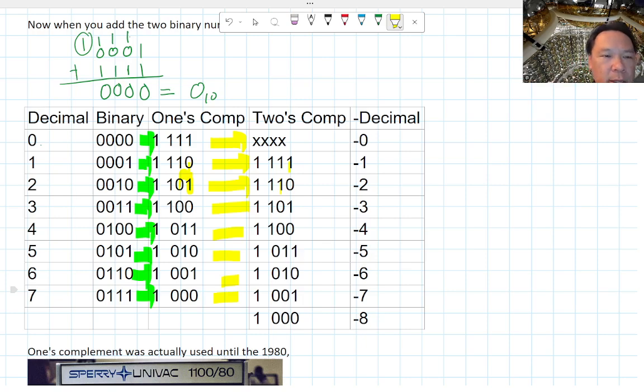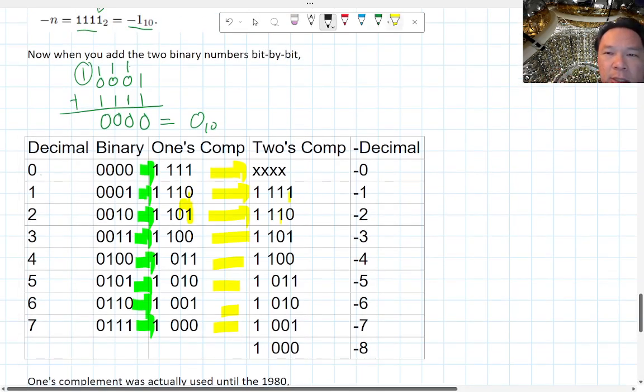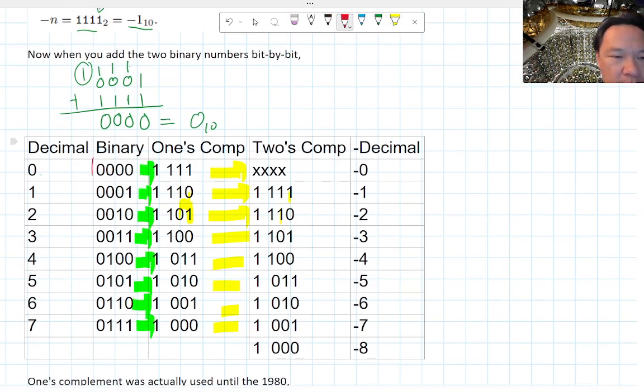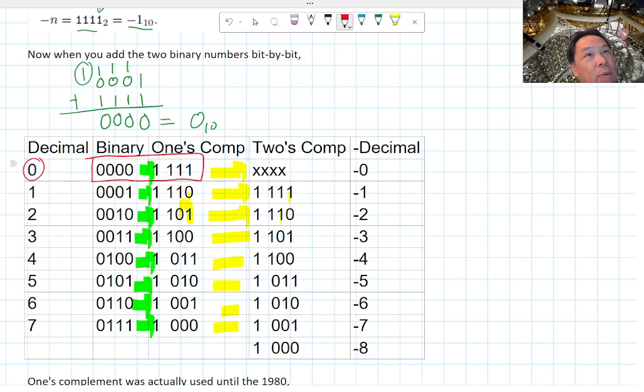One thing to note is that in the 1's complement situation, this is why we had to switch from 1's complement to 2's complement. The binary number for 0 is represented by 0000, and the binary version of -0 is represented by 1111. The math still works.